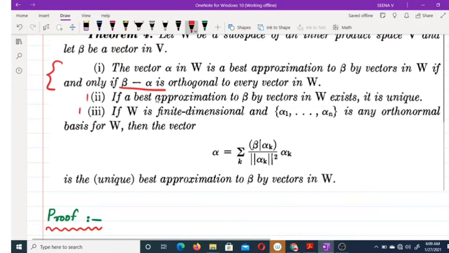I will prove the first one. What about the second one? If a best approximation to beta by vectors in W exists, then it is unique. The best approximation is unique.